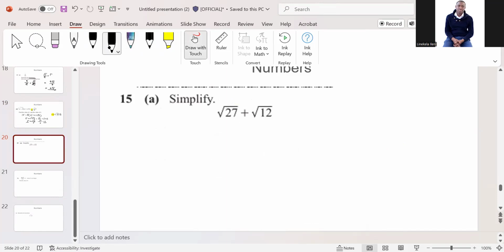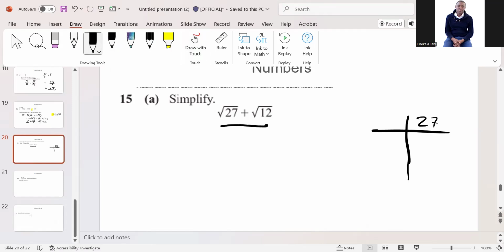The other one that they can ask you, and I actually gave you guys a very nice technique, is to simplify. Now you see here, I can't add these things because the surds are not the same. So what do I do? I need to make the surds the same. And what I start off with in most cases is to do what we call prime factorization. So I've got 27.